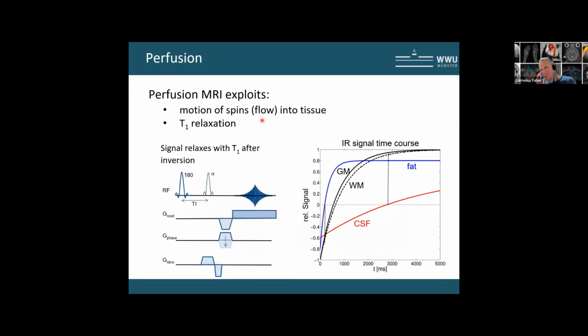However, there's a second part. This is a very important contribution. This is T1 relaxation. And now this slide has nothing to do with perfusion. It's just to remind you that there's this inversion recovery experiment. So this is just a gradient echo inversion recovery. And if you look at the brain, for example, you've heard, I guess, that the fat is recovering very fast due to short T1, gray and white matter quite slowly, and liquor very slowly.